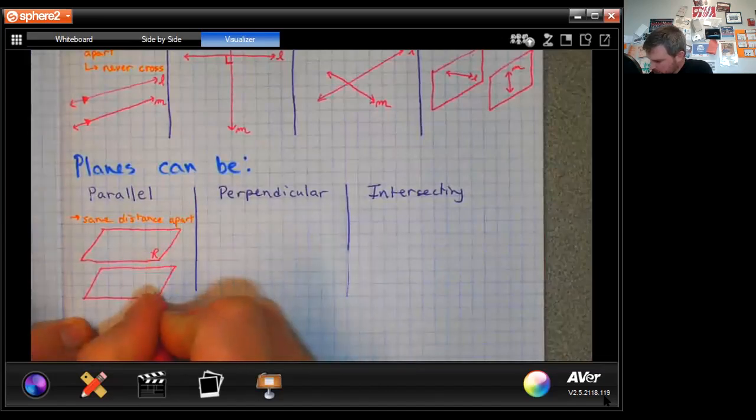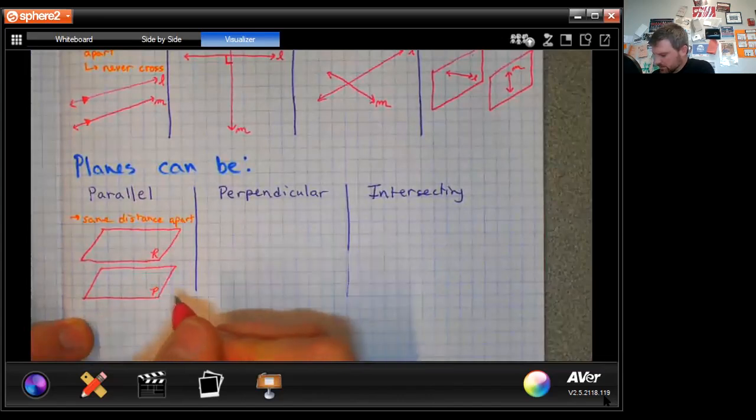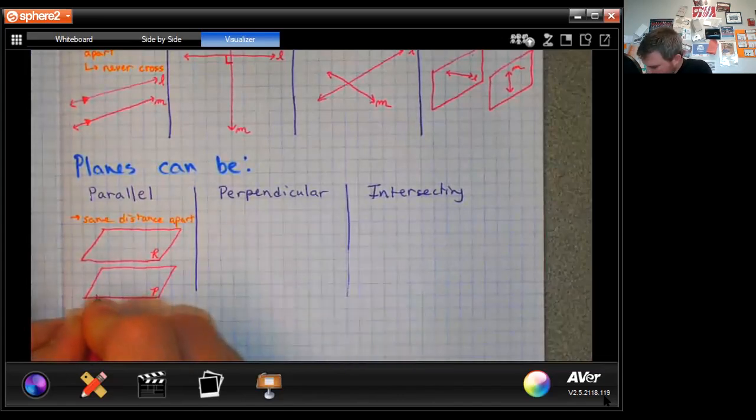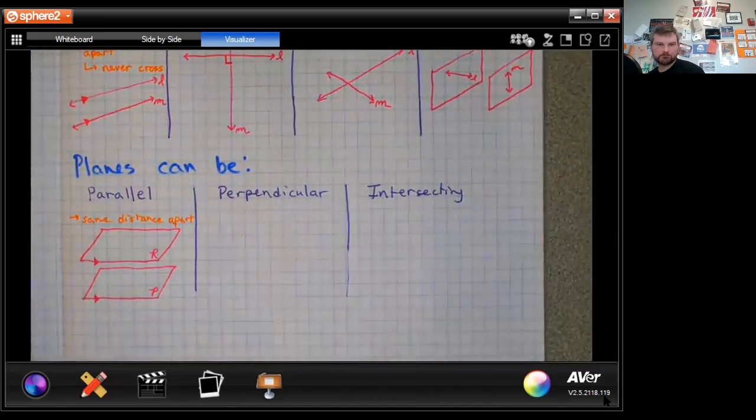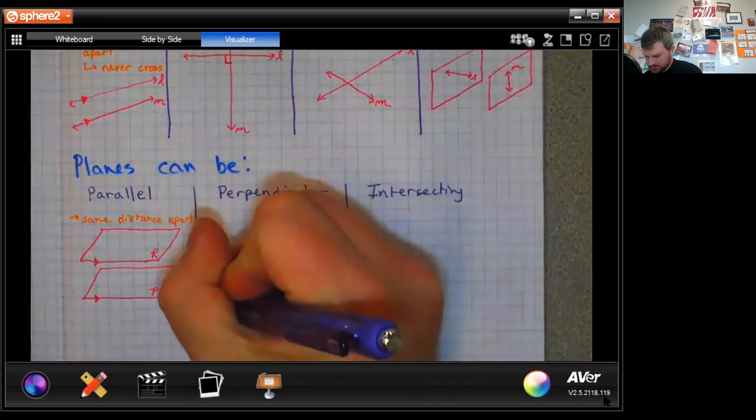And we will call this one P. Okay, if you wanted, you could put little triangles down there to note parallel. Later on, we'll go over what the symbol notation for parallel is.